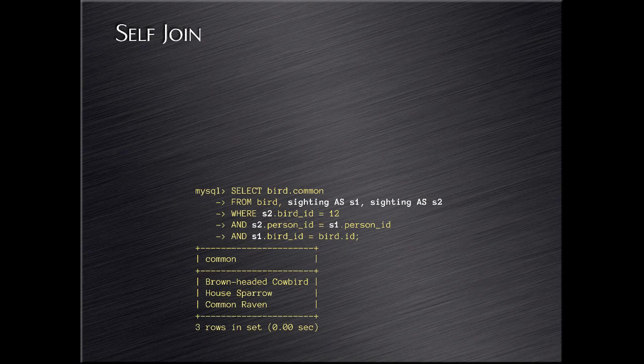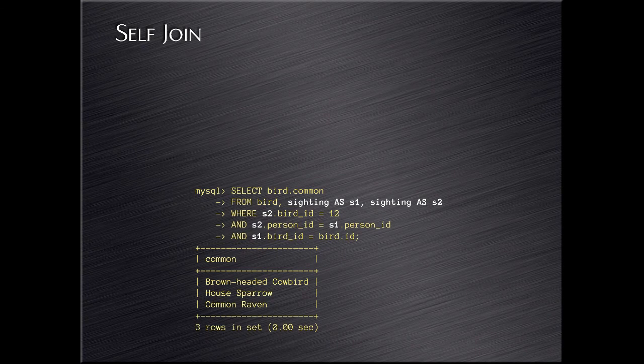Now, once I'm on citing table 1, I retrieve all the bird IDs from that person. And then lastly, at the top, I jump from the citing table foreign key to the bird primary key, and I get the bird.common. So I get exactly the same answer we've gotten twice before.